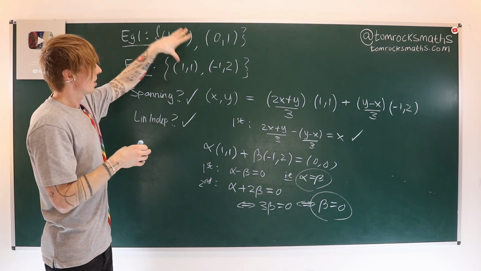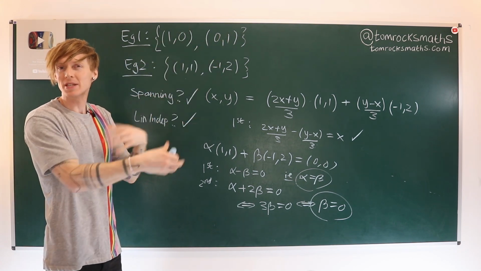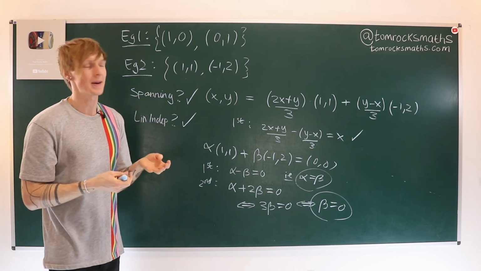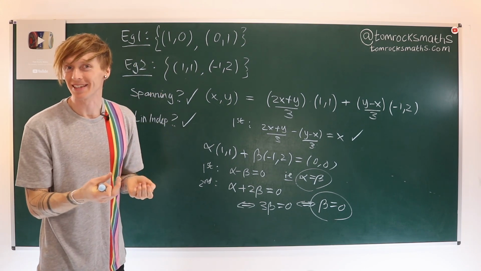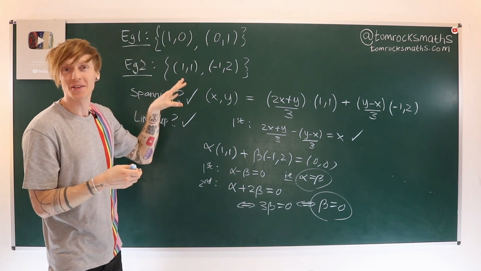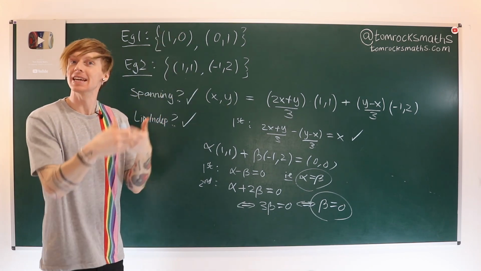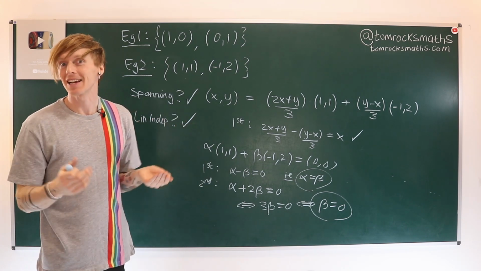So rather than the basis itself being unique, that's why we tend to talk about the dimension of the vector space, which means the number of elements in the basis. Because here you can see both of them have 2 elements, and we have dimension 2, which is of course the dimension of 2D space, the xy plane.